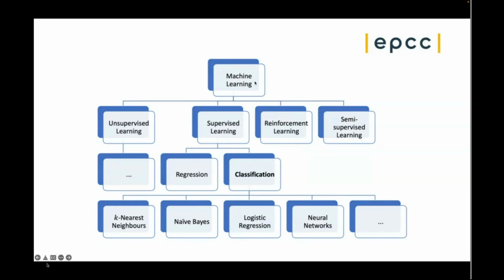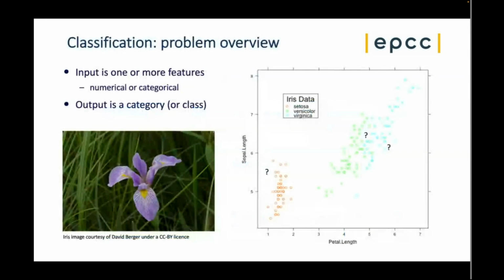So to go back to our tree of different topics, we're now going to stay in the supervised learning branch, but we're going to move on to classification. So trying to predict or identify specific classes that things fall into, rather than trying to predict a number, which we were doing with regression.